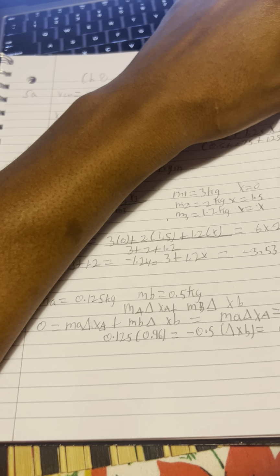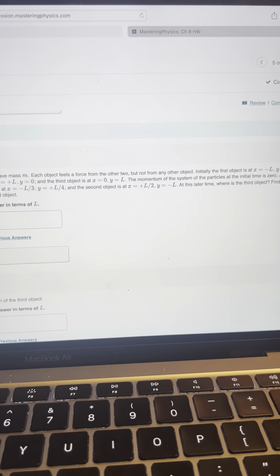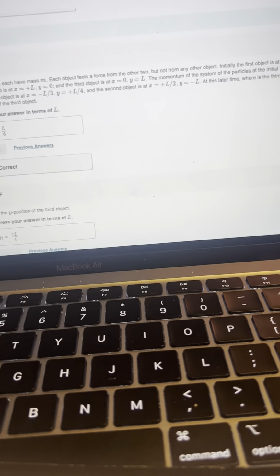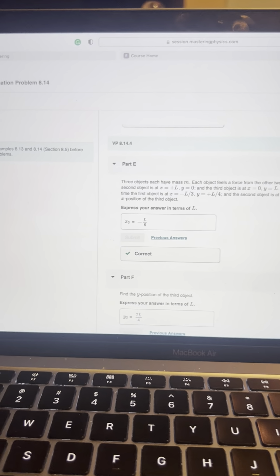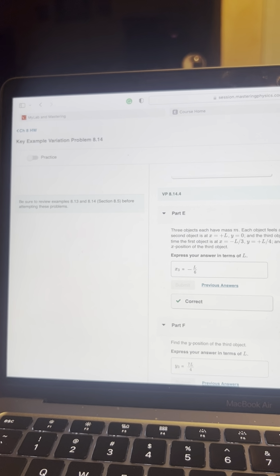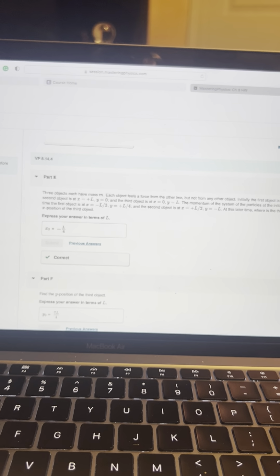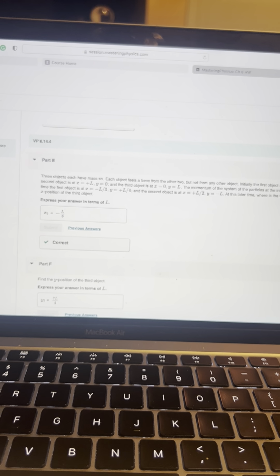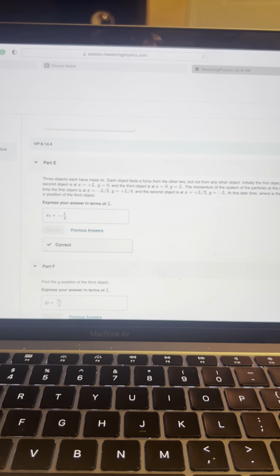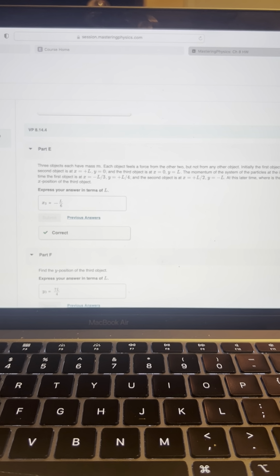And then for 5E, it says these three objects each have mass M. Each object feels a force from the other two, but not any other object. Initially, the first object is at X equals negative L, Y equals 0. The second object is at X equals plus L, Y equals 0.